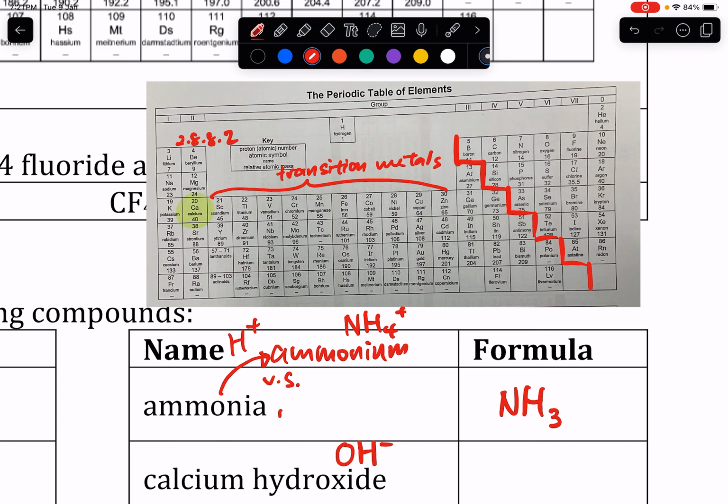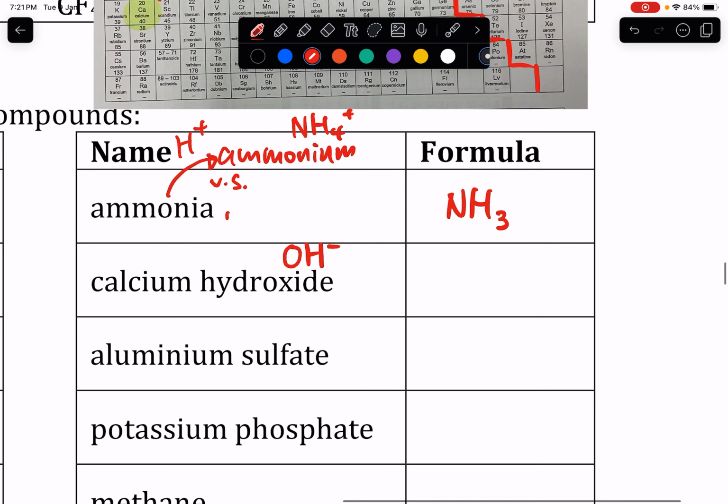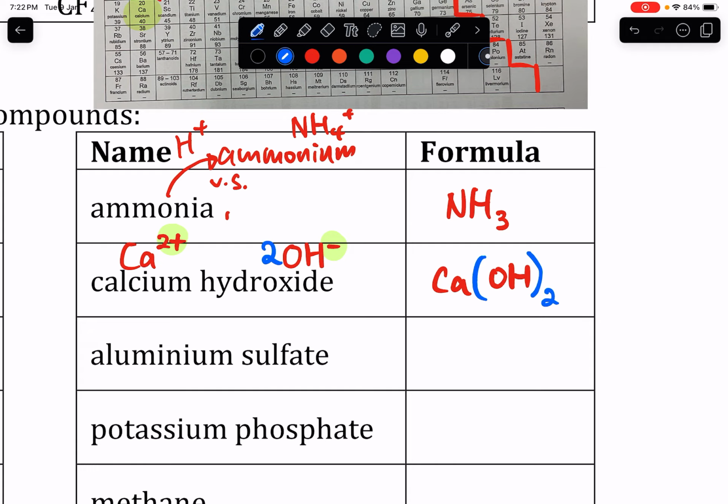To attain stable noble gas configuration, it must lose 2 valence electrons, and calcium losing 2 negative electrons forms a 2 plus charge. How do I balance this? 2 plus, 1 minus, so therefore it is Ca, then hydroxide in a bracket times 2, Ca(OH)2.